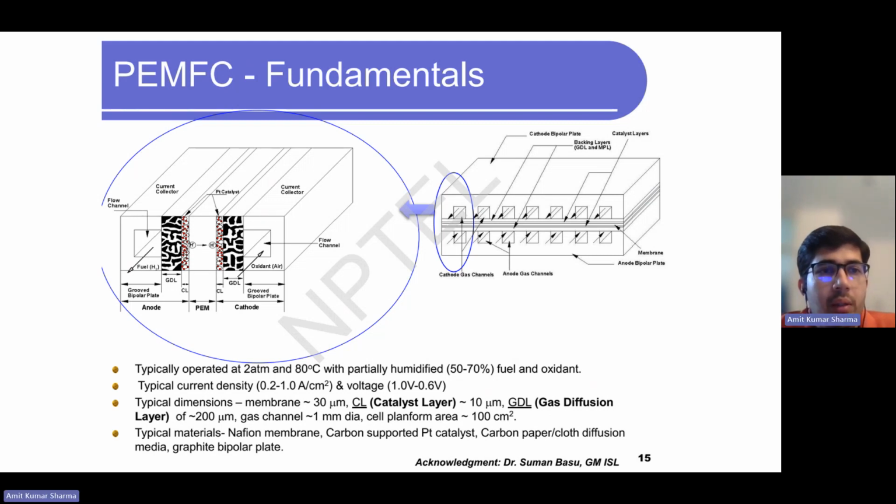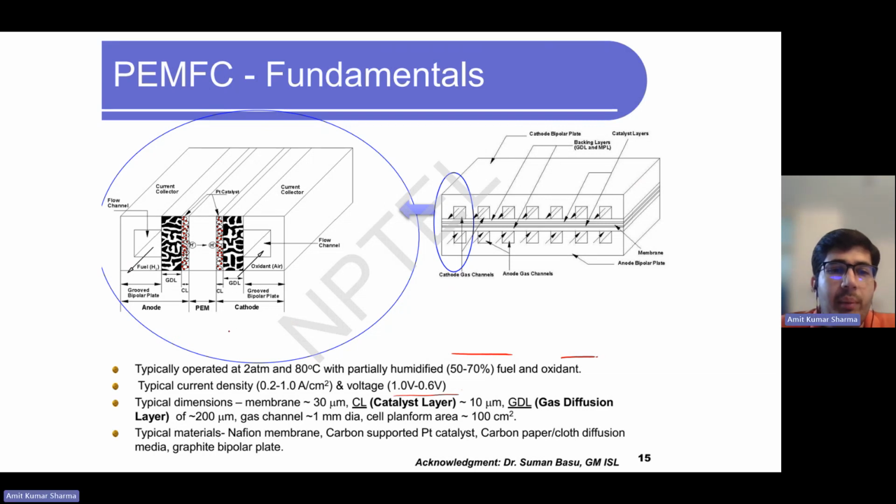So the proton membrane fuel cell is typically operated at 2 atmospheres and 80 degrees centigrade with partially humidified, 50 to 70%, fuel and oxidant. Typically current density is 0.2 to 1 ampere per centimeter square and voltage is 1 volt to 0.6 volt.